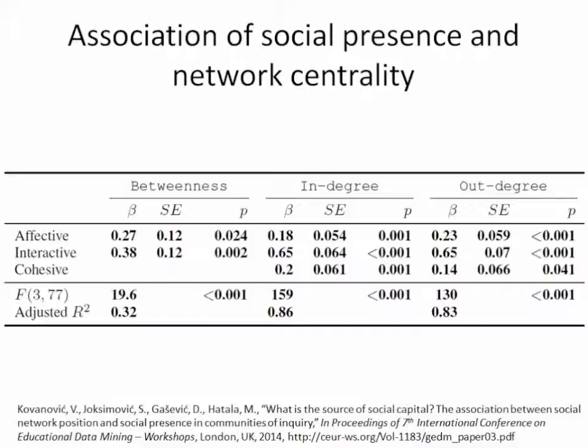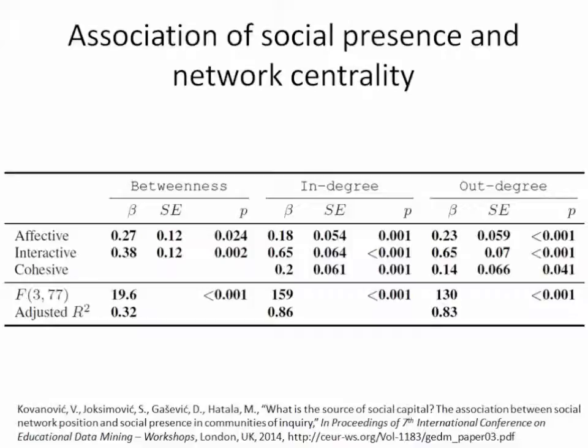The biggest influence of the social presence dimensions, measured through the standardized beta coefficient, was attributed to interactive messages. That is to say, by higher level of responses students would be demonstrating in online discussions, they would be also increasing their degree centrality, which is quite expected.